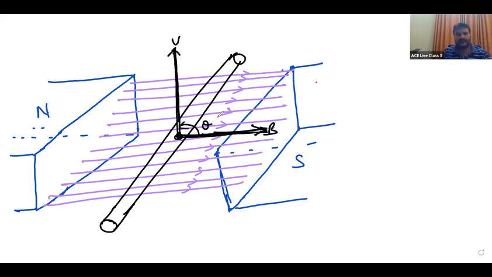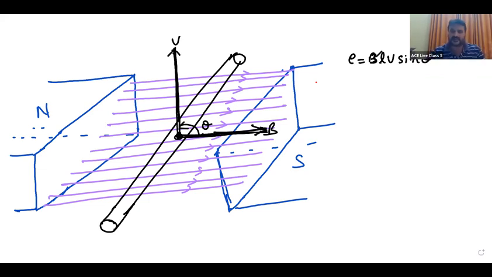Therefore, the induced EMF is E = BLV sin theta. For a single conductor, E = BLV sin theta is the magnitude of the induced EMF. No derivation is required, as I told yesterday. You may only expect a problem on this. You should know the relation, but the units must be proper. B is in Webers per meter square, L is in meters, and V is in meters per second.